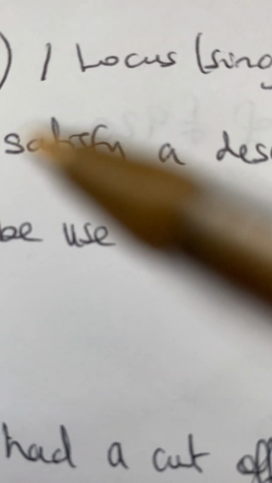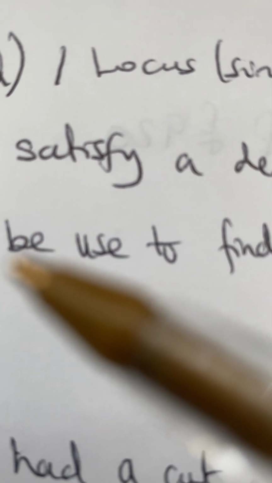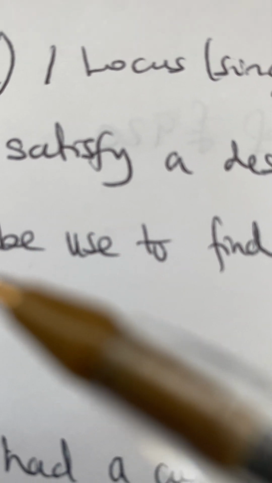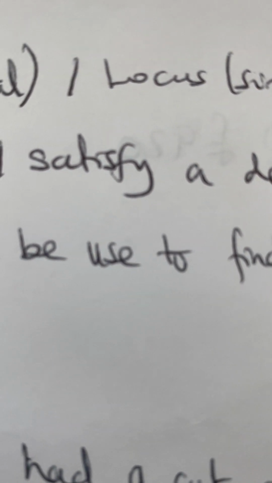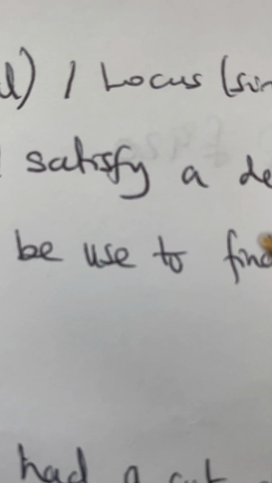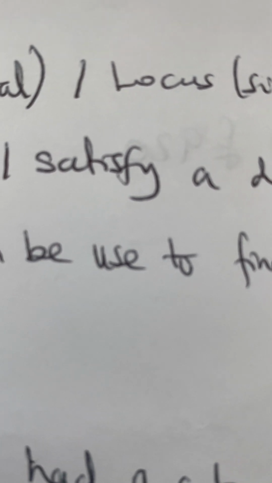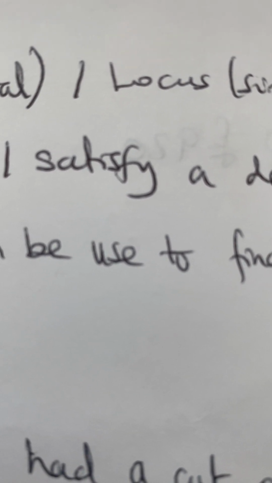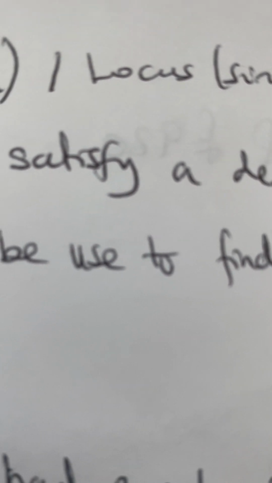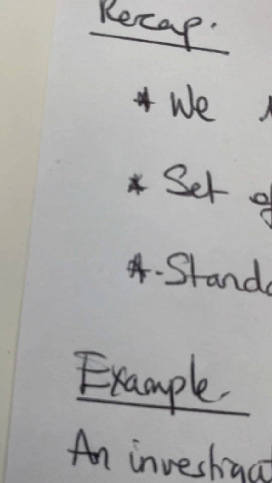So for instance, if there is an investigation up to 10 miles from where the thing happened, from that point to the next straight line, 10 miles from that point is a point of locus. I will explain that.